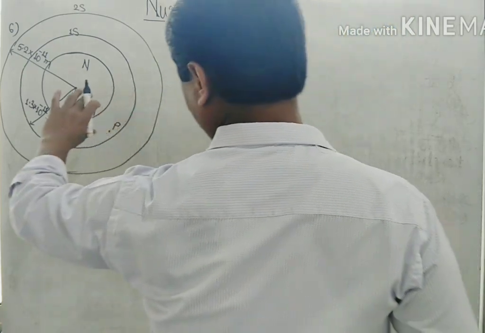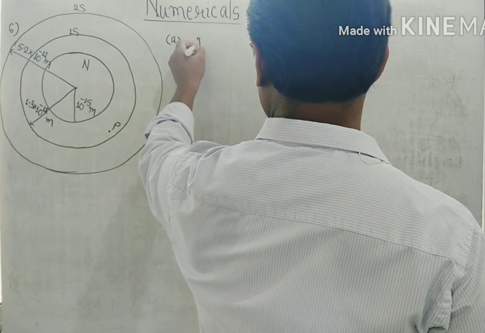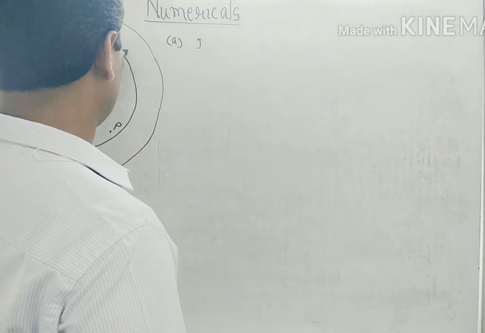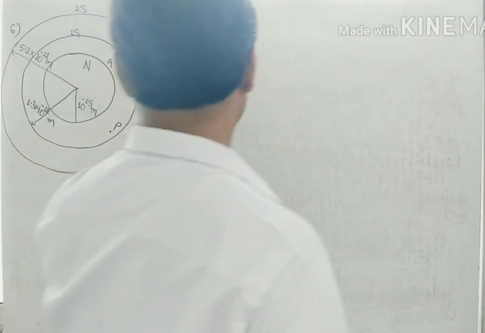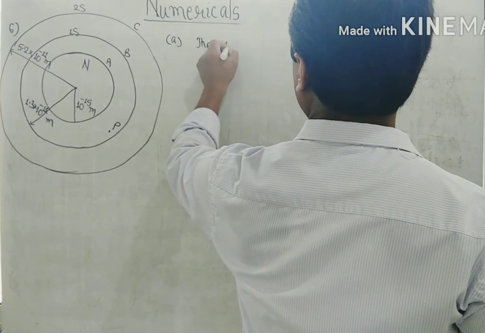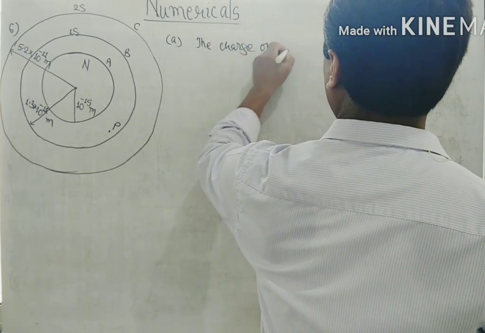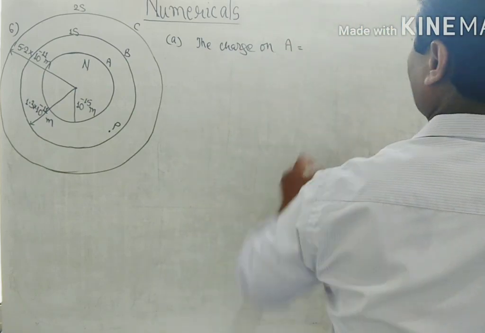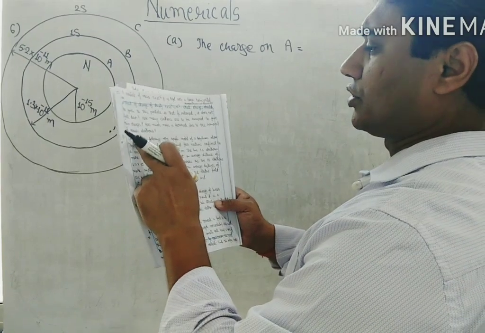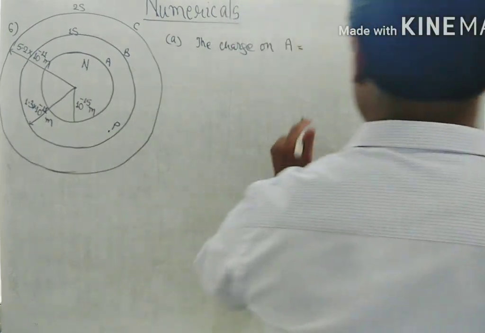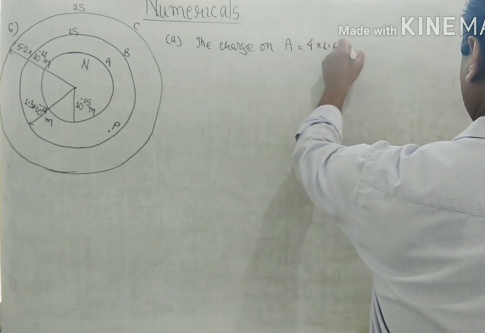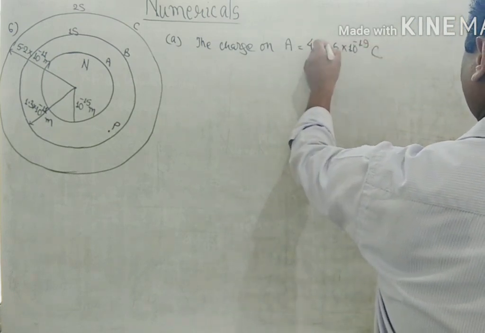So we must first have the charge. Let me call this A, this B, and this C. So we'll be writing charges on A, B and C. The charge on A is equal to, so the nucleus has 4 protons given in the question. So 4 into the charge on 1 electron, 1.6 into 10 to the power minus 19 coulomb.